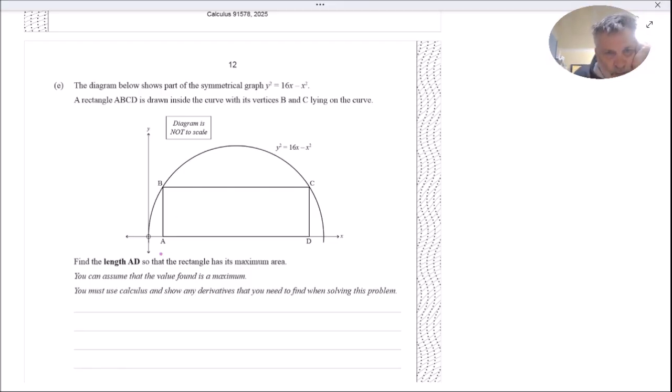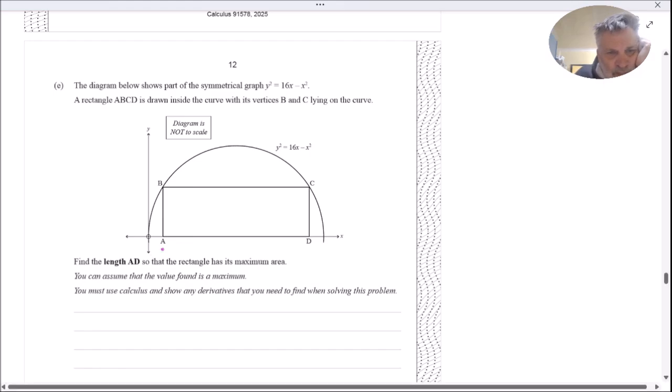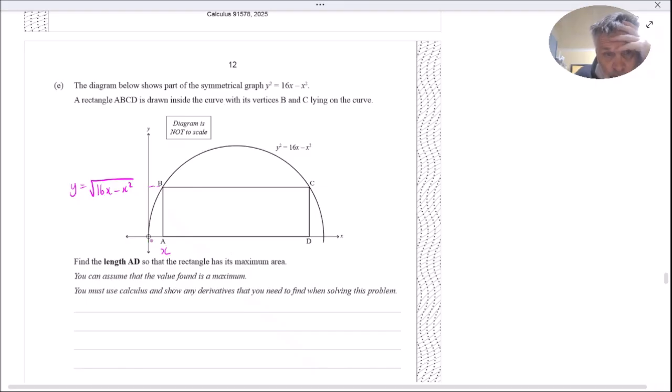So if we made this point here have a coordinate x, then the height is the y value, which is given by y equals the square root of 16x minus x squared. It's symmetrical.